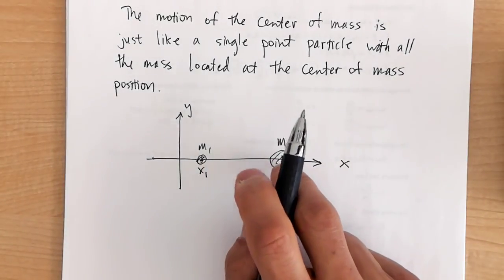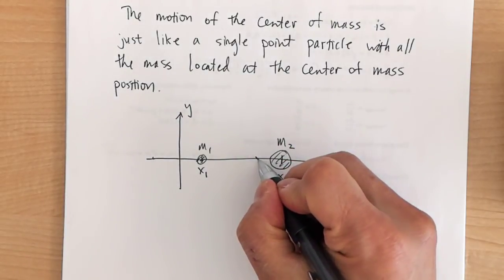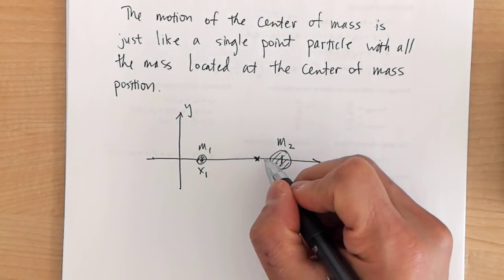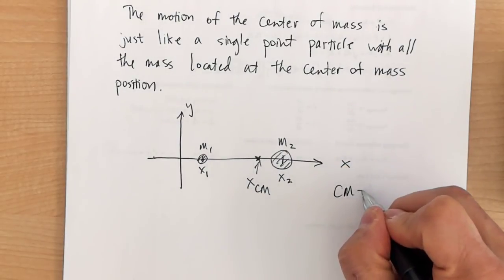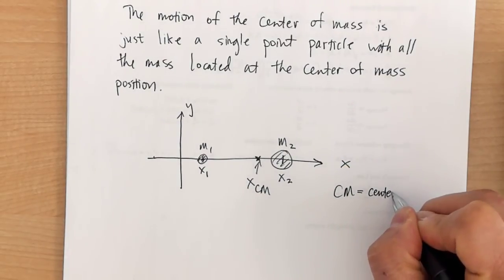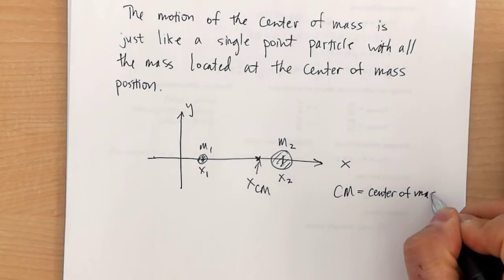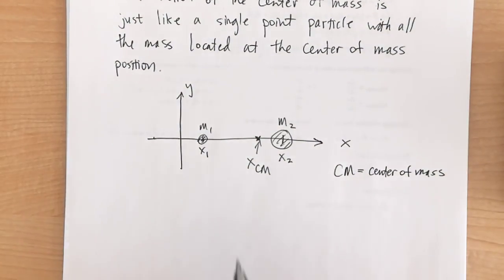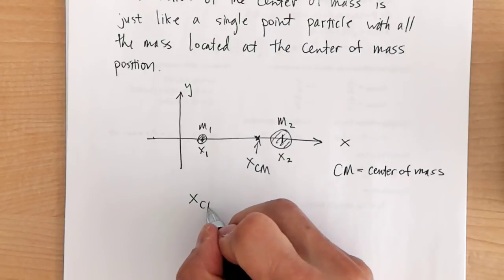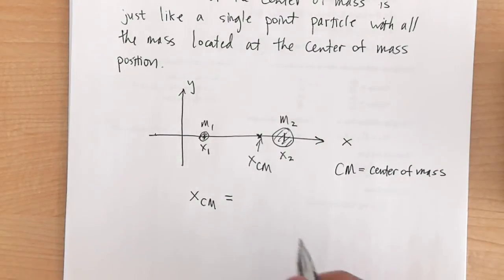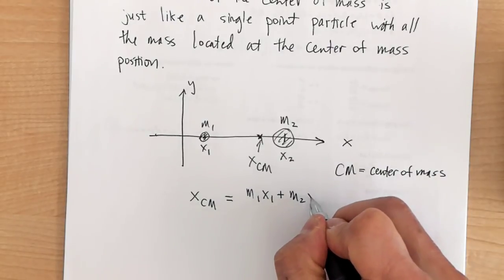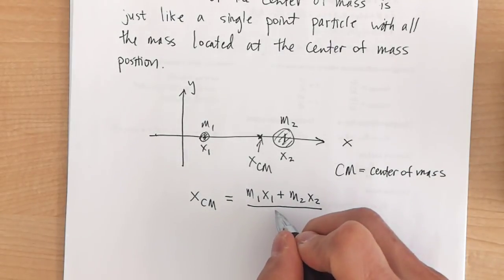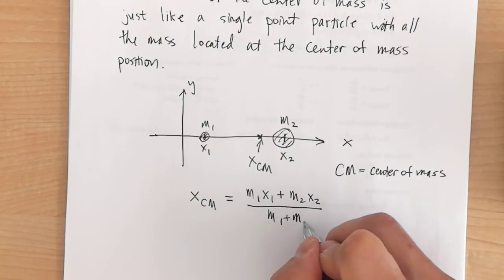Then, because this seems to have more mass, the center of mass may be somewhere, something like this. Okay, so this has position xcm. So cm stands for center of mass. And the formula is that xcm, the center of mass, is equal to m1 times x1 plus m2 times x2 divided by m1 plus m2.